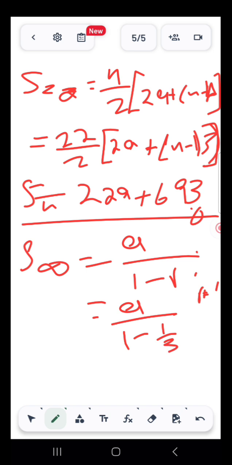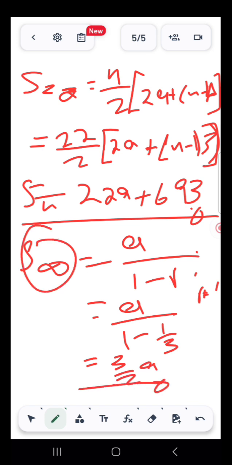When we solve this, it gives us 3 over 2 a. So we have two expressions, one geometric and one arithmetic, and they both have a.